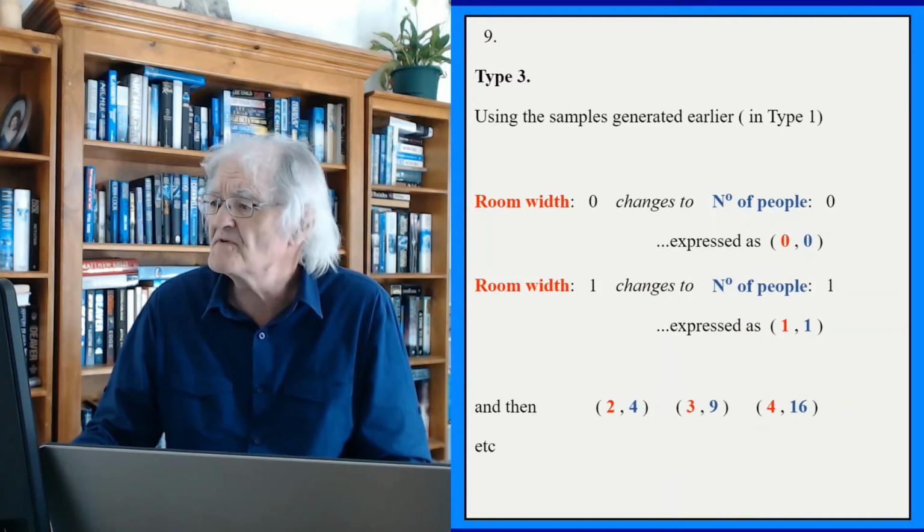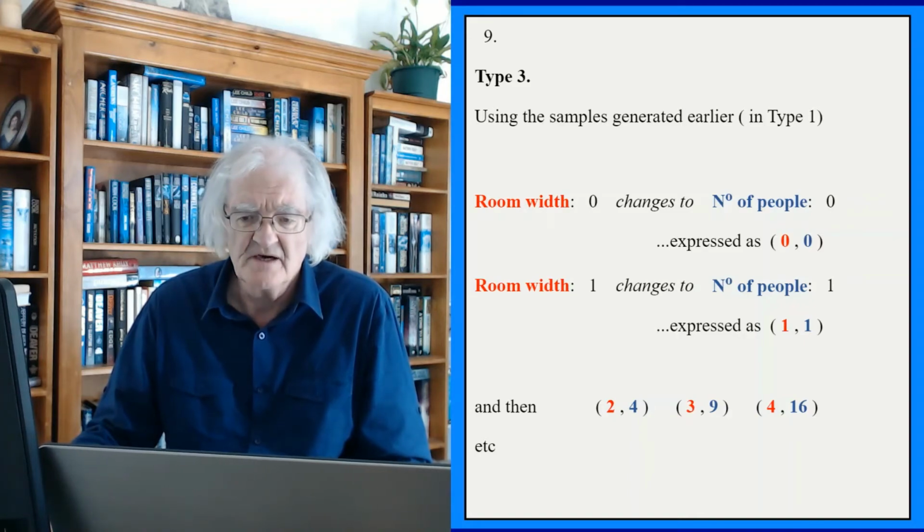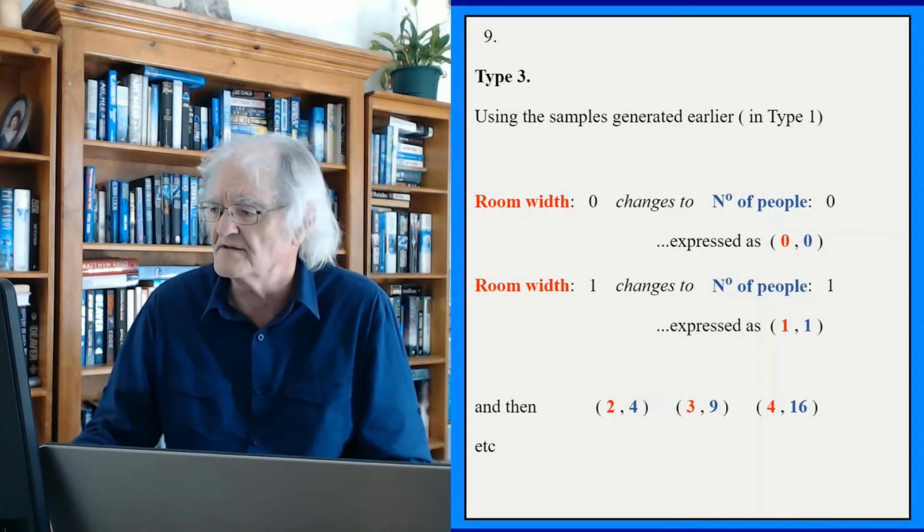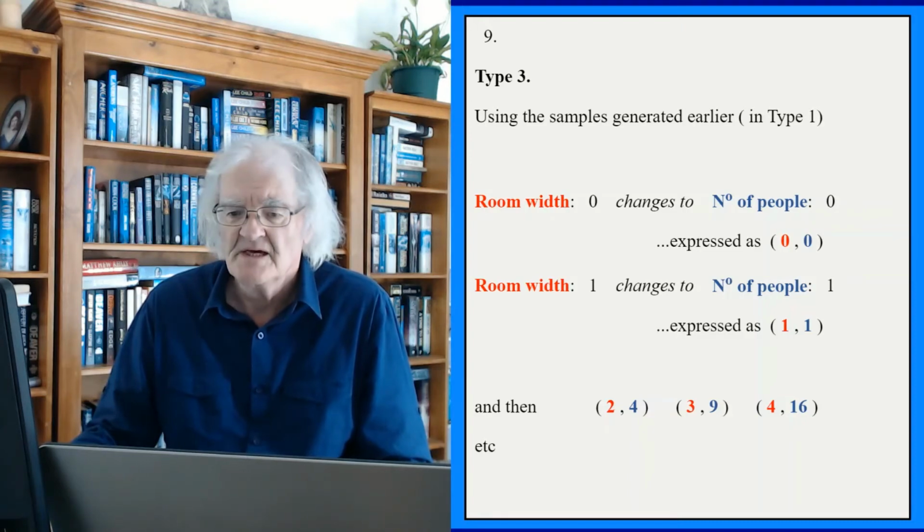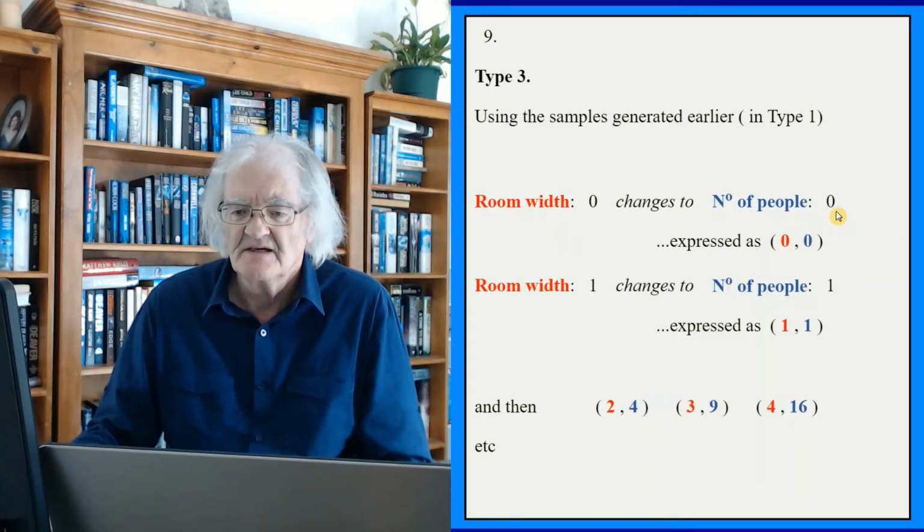Now for type 3, the illustration, we can use the samples generated earlier when I discussed type 1. Room width 0 would obviously not hold any people. Representing that situation, getting it ready for the graph, input 0 room width, output 0 people.